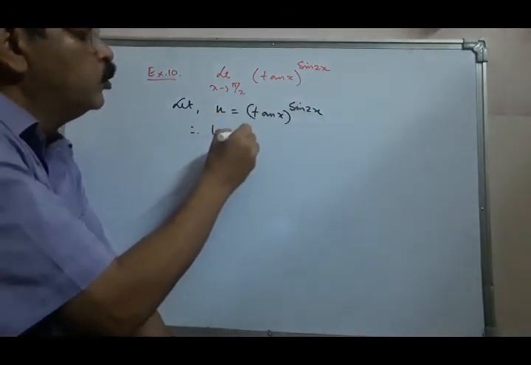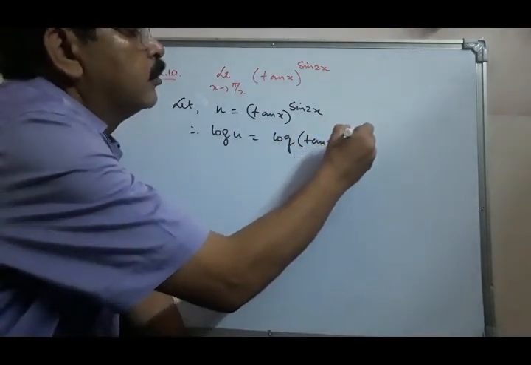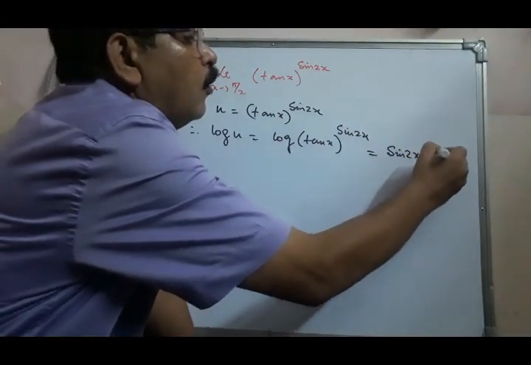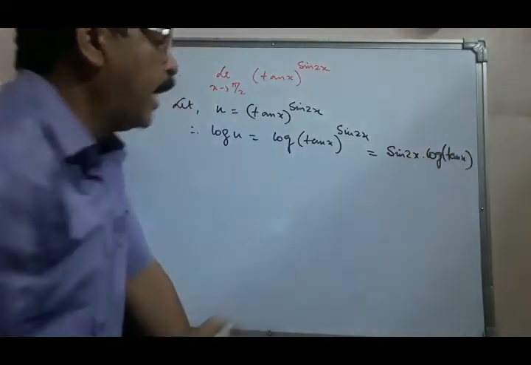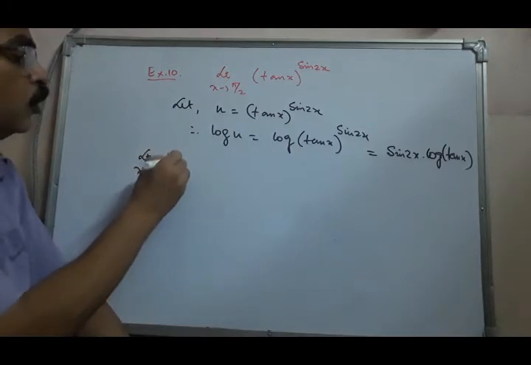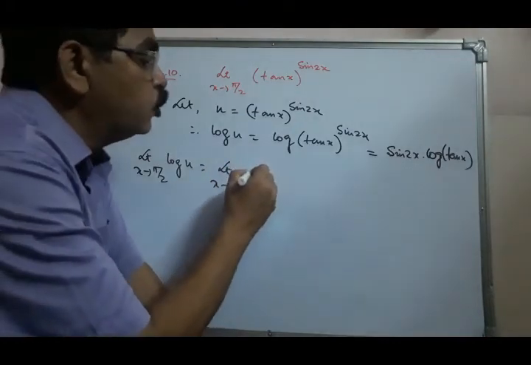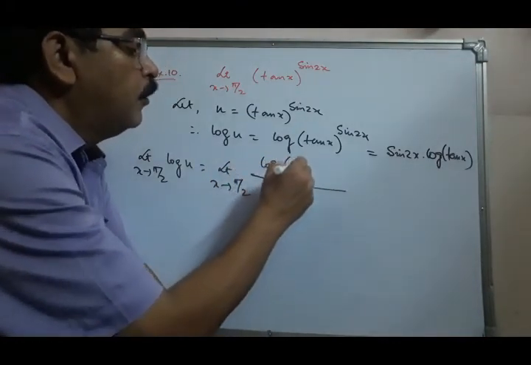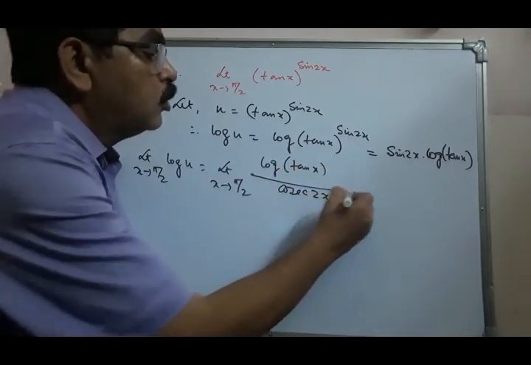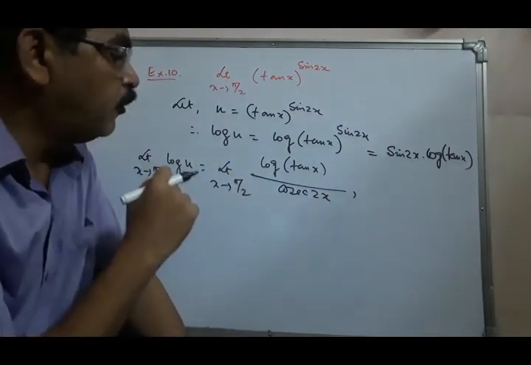Therefore log u equal to log tan x to the power sin 2x, which is equal to sin 2x into log of tan x, taking limit x tending to pi by 2, log u equal to limit x tending to pi by 2 log of tan x divided by cosec 2x.